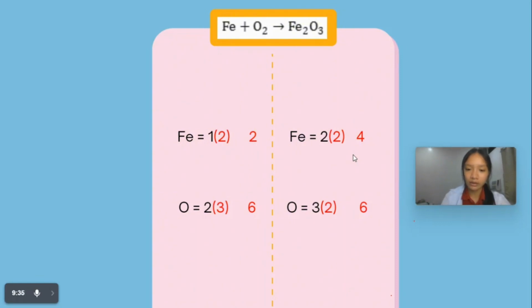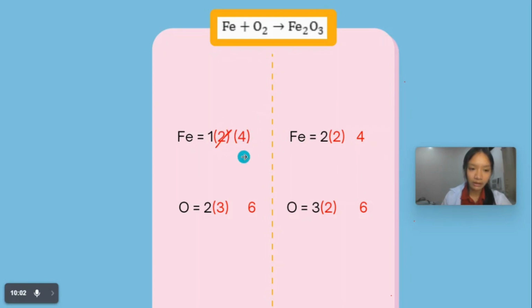Now, the number of iron is not balanced, because the other side here is 2 and this is 4. So we will adjust the multiplier from 2 to 4.